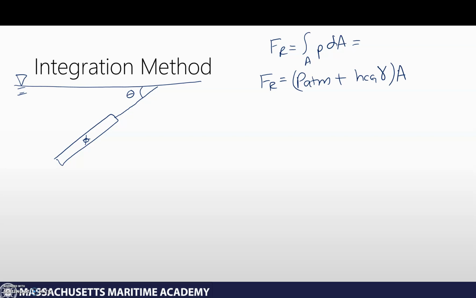Your book calculates the distance from the center of gravity of the plate to where you're applying the force. The engineering manual puts all that in one term and goes all the way down from the surface to where the force is applied. I'm going to give you the notation out of the engineering manual and talk about it in that context, since that's what you're going to be using for your exams.